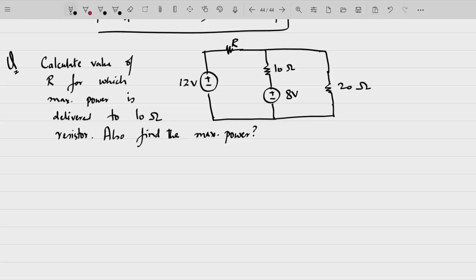Also find the maximum power. So you have to calculate the value of R for which maximum power is delivered to the 10 ohm resistor.